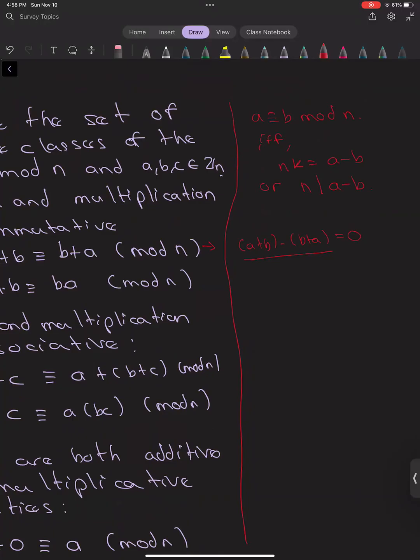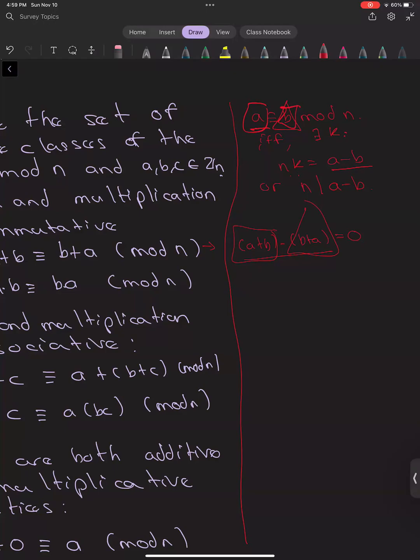So let's see. a is congruent to b, so this guy is congruent to this guy, if and only if there exists k such that n times k equals a minus b, right?